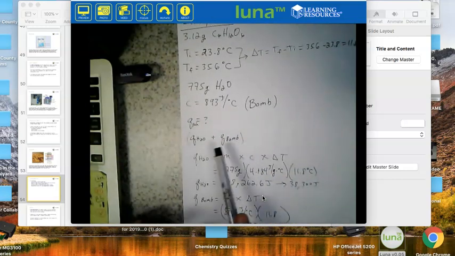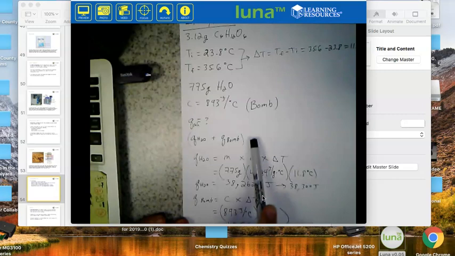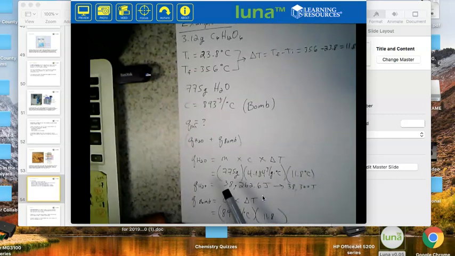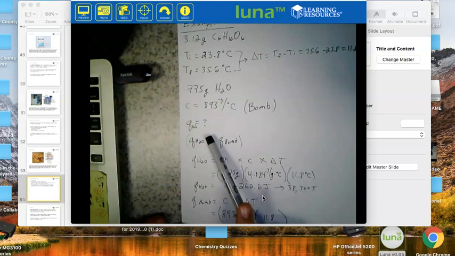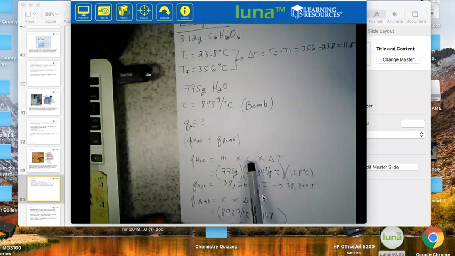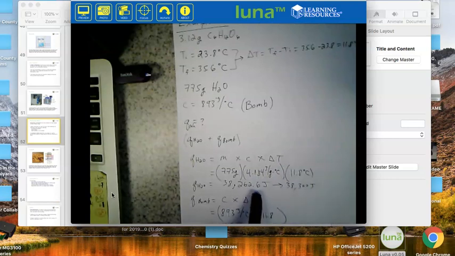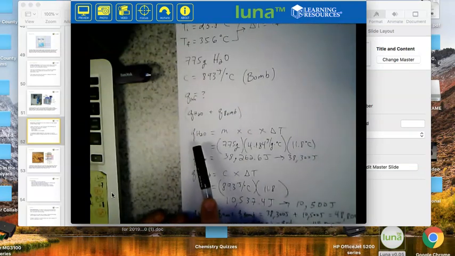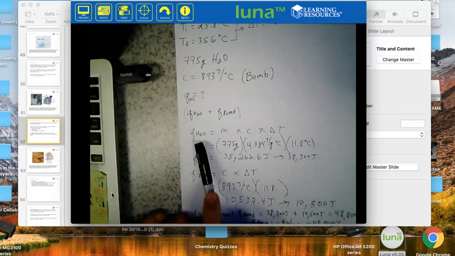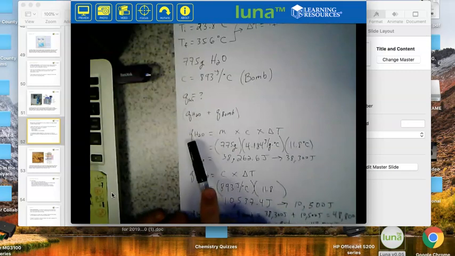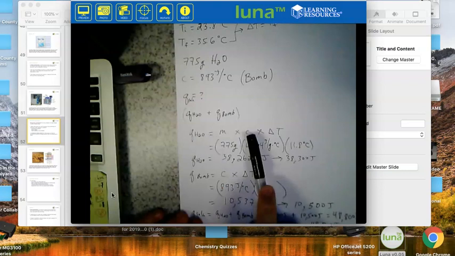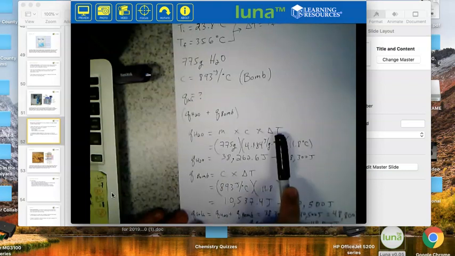Okay, so this is an area that's a little bit different from the other calculations involving heat, where we just multiply the mass times the heat capacity times the change in temperature. In this case, it's a bit different. You're first going to have to determine the heat of the water. So the heat evolved by the water is going to be equal to the mass of the water times the heat capacity of the water times the change in temperature.